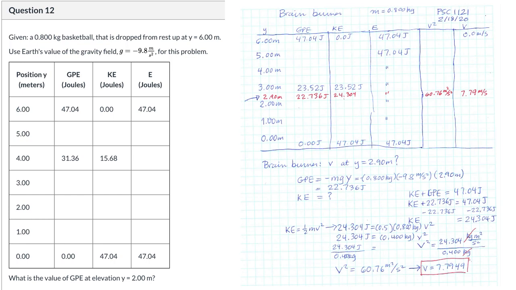Okay, so the square root of 60.76 is, so this means that v is 7.7949, and to the nearest hundredth, 7.79 meters per second. All right, up here in the table. So there's how you do it.